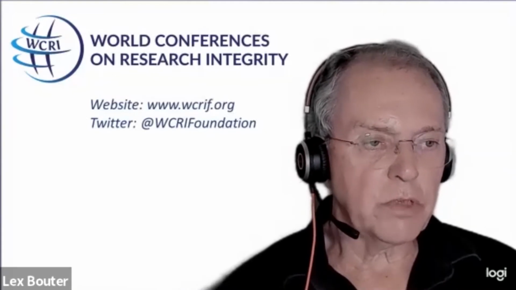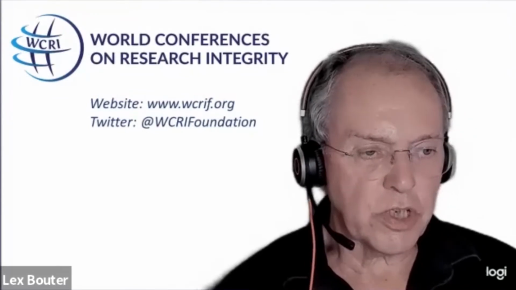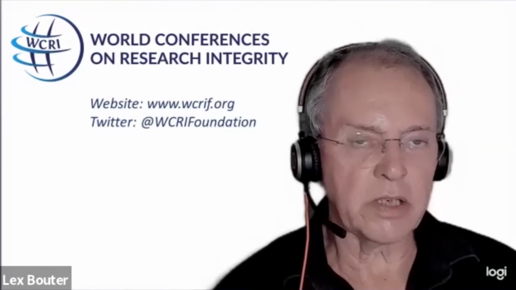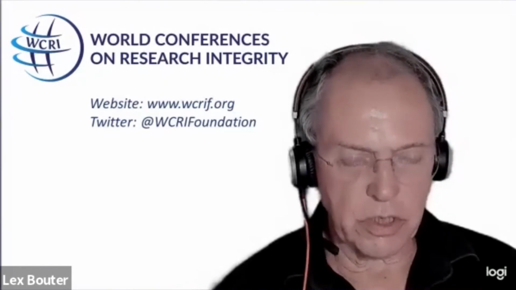And the norms can be shortened and memorized by CUDOS: communism, communalism, it's often called, universalism, disinterestedness, and organized skepticism. The point is that these are the principles of how we are supposed to do research, and that is the mother, so to say, of all the codes of conduct and the virtues researchers need to have to do their work well.